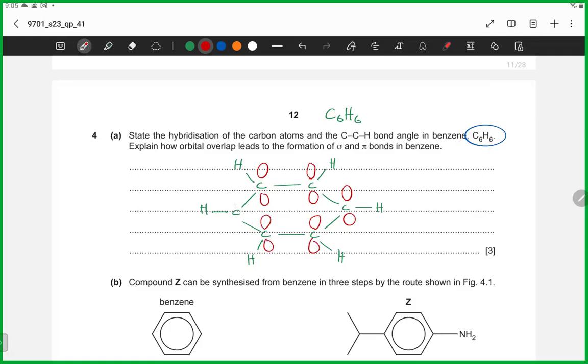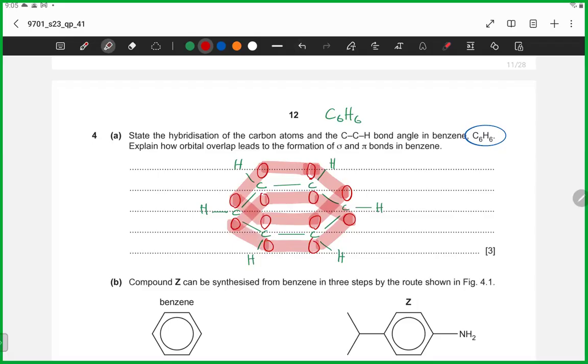That p orbital is used for making pi bonds। ठीक है, and the pi bonds overlapping is going to be sideways। So these two would overlap, but since there are 6 of them that are parallel to each other, they all start overlapping with each other, and you get a ring of benzene of pi electron clouds above and below.